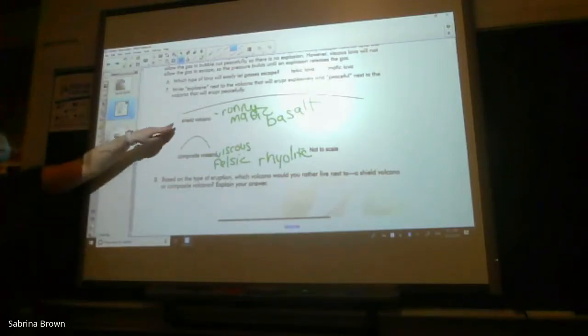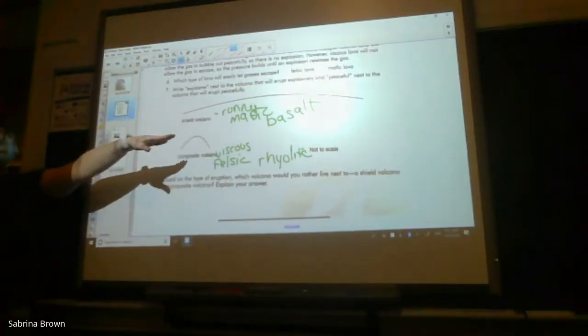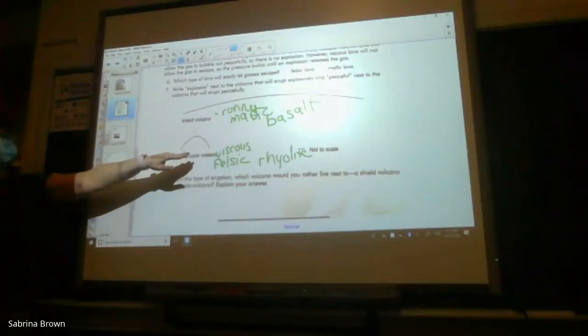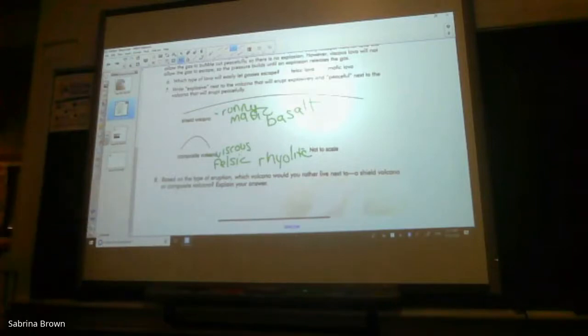All right, so far our shield volcano is runny, mafic, basaltic lava, and our composite volcano is viscous, felsic, rhyolitic, or rhyolite lava.